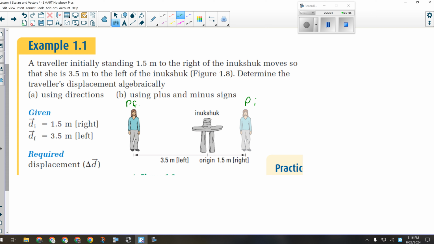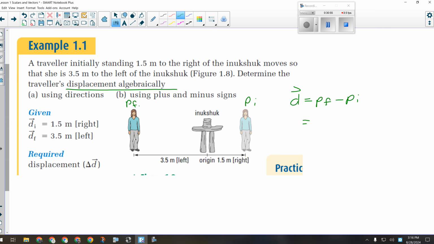The question also says using algebra. Find the displacement algebraically using plus and minus signs. Well, if these are vector quantities, one of these has to be negative and one of them has to be positive. Generally, we make right positive. So we can say displacement is final position minus initial position.